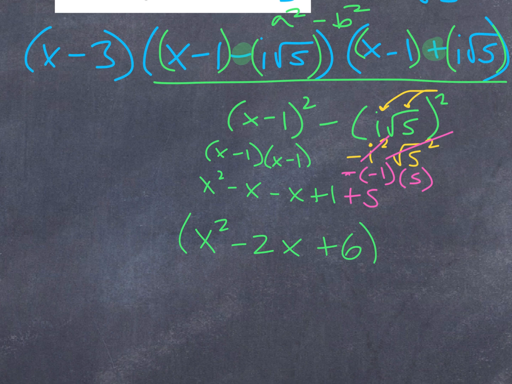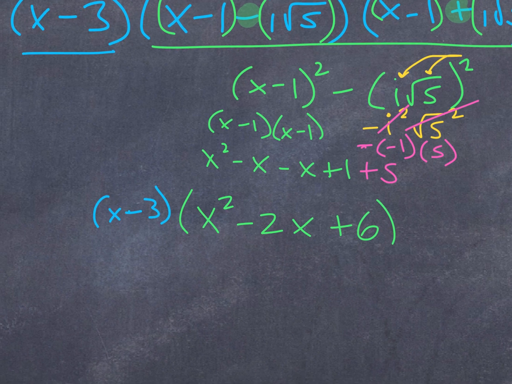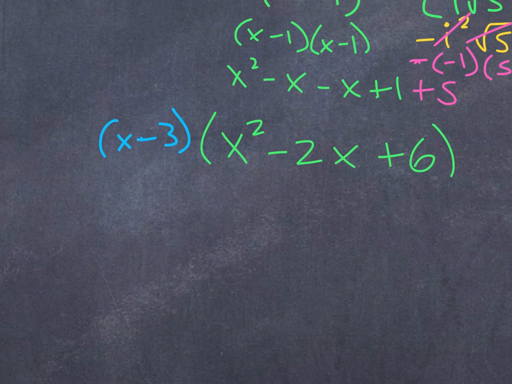What do we do next? Multiply the x minus 3 to it. So just make sure everything in the first set gets multiplied to everything in the second.